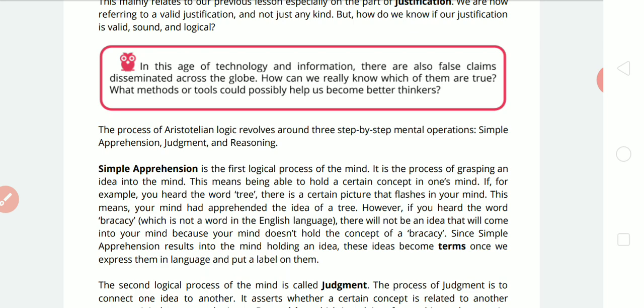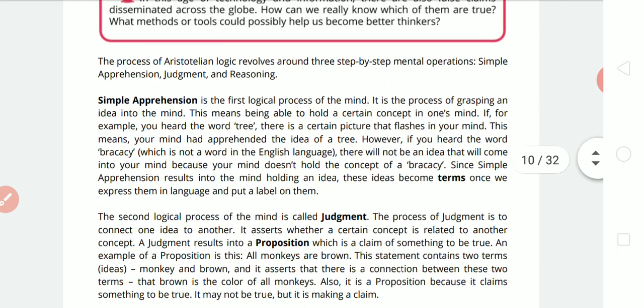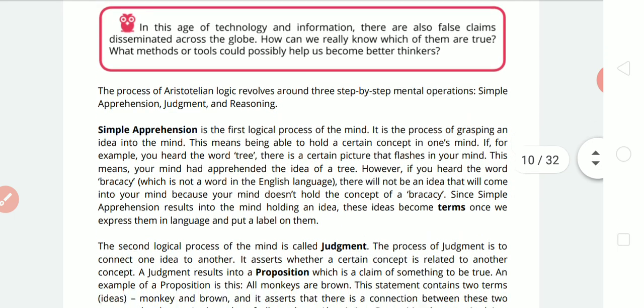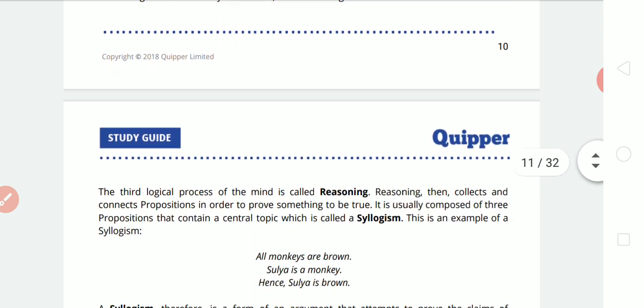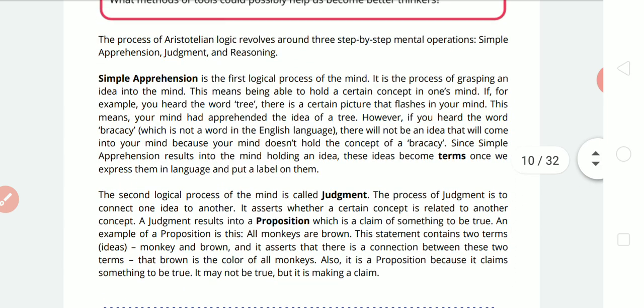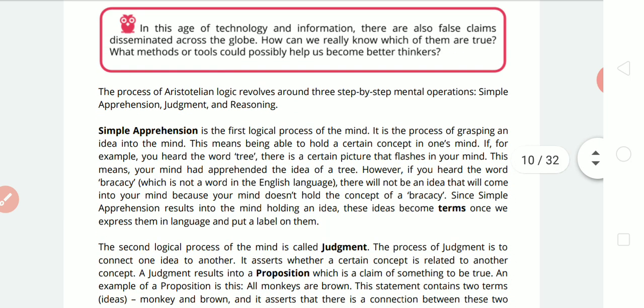So, as we go along with the page here, or as we padayon tag discuss ani na mga paragraph, we're gonna be discussing each of these mental operations and meaning jud ang meaning ani nila, which is really very important since mao man ni siya ang ginatawag na process of Aristotelian logic.